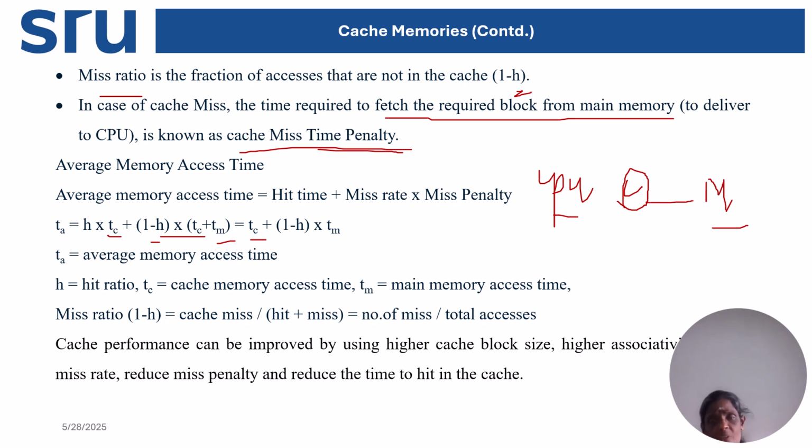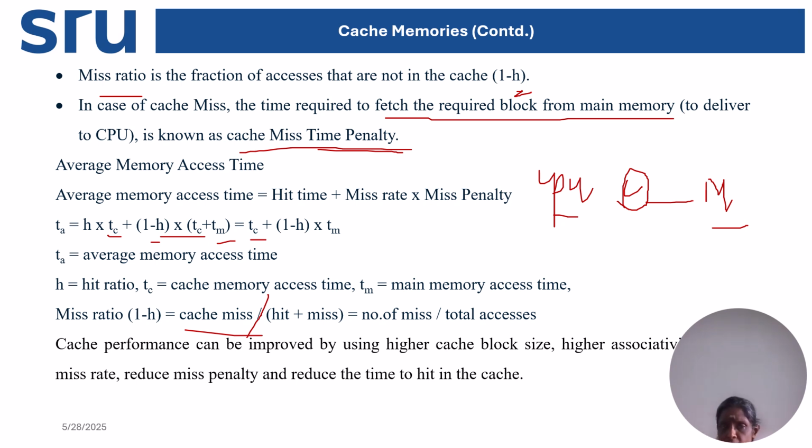So miss ratio is the probability of having the data miss. So 1 minus H is written in terms of previously H equal to hit divided by total accesses. In the same way, miss ratio is equal to cache miss divided by total accesses, hit plus miss.